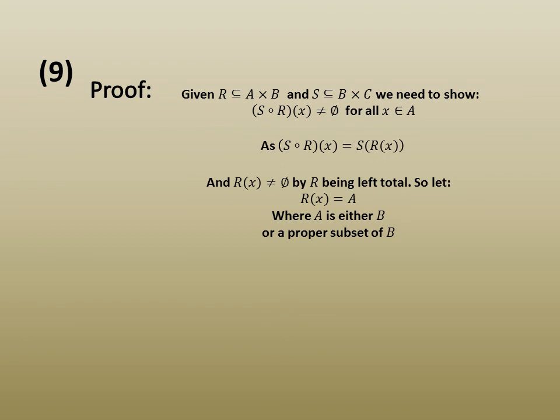As the image of X is never the empty set by R being left total, we will say that the image of X is some non-empty set A, where A is either B or a proper subset of B. Then, the image of A under S is not the empty set either, by S being left total. So the image of X under the composite relation is never the empty set for all X. This completes the proof.